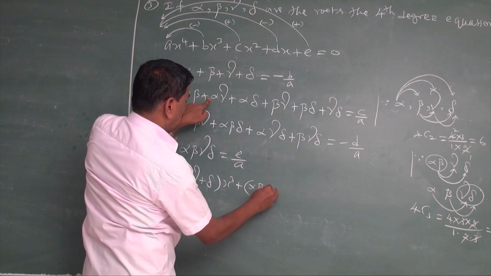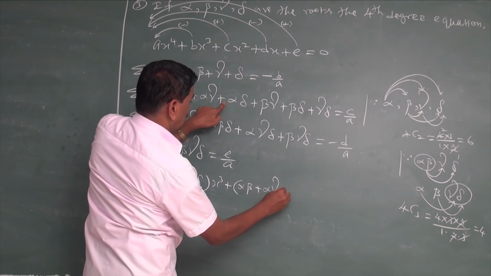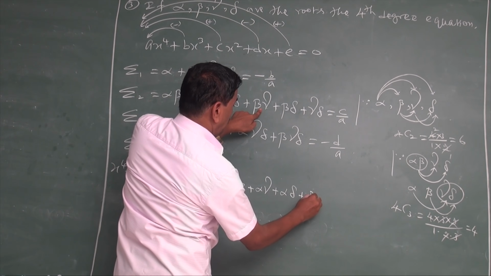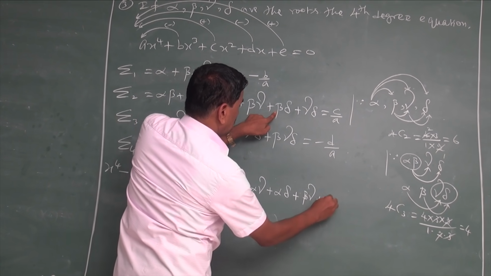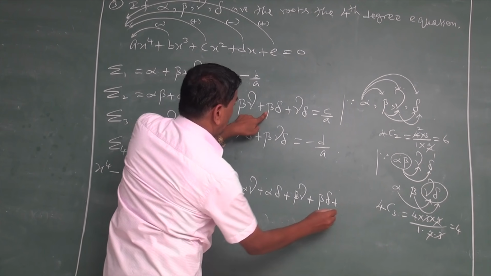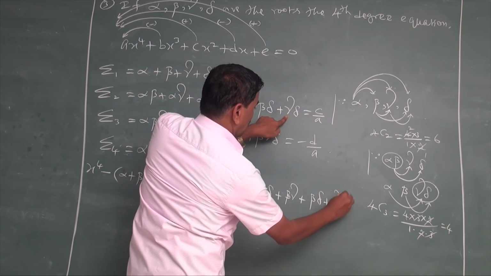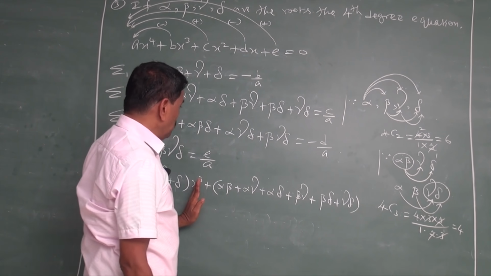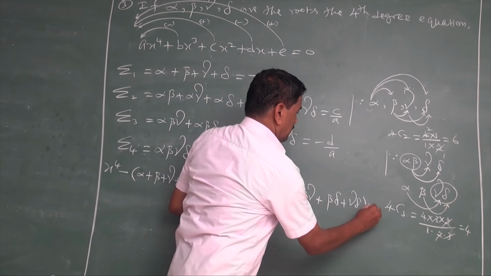(alpha beta plus alpha gamma plus alpha delta plus beta gamma plus beta delta plus gamma delta) into x square.